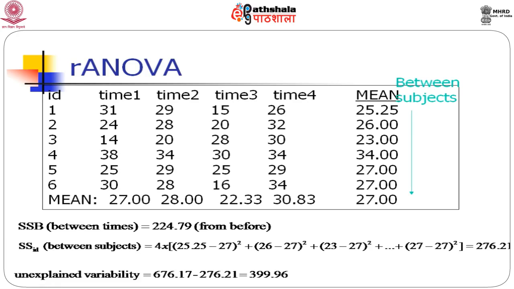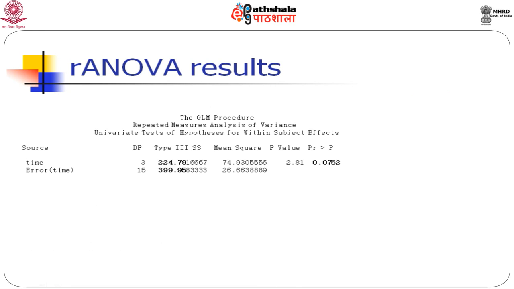So there is a variation, and this between subject variation can be taken up through this line. The unexplained variability, the error SS, is reduced quite a bit from 676 to 399. This is how the repeated measures have been taken into consideration.